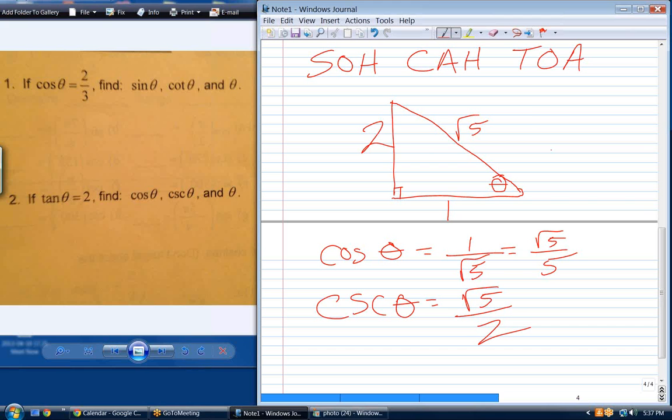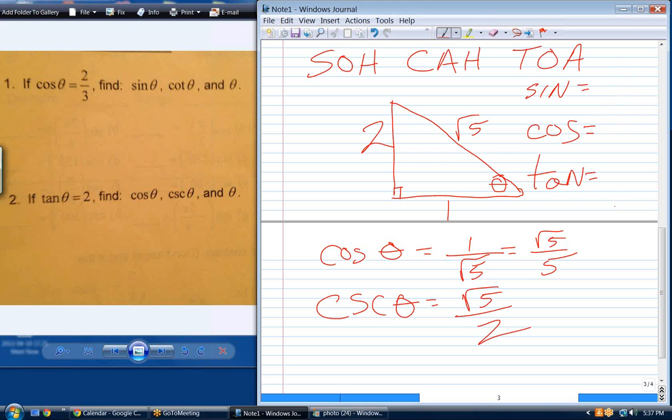Okay. Let's go through them. We got sine, cosine, and tangent. What is each reciprocal? What's the reciprocal of sine? Cosecant. Is it the reciprocal of cosine? Here, let me give you a good way to memorize it.